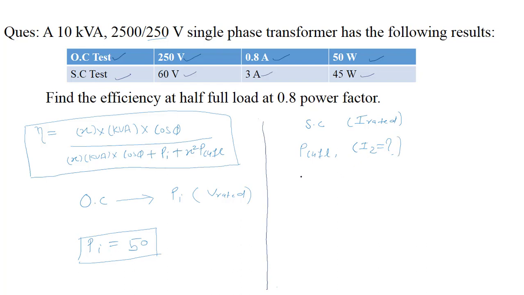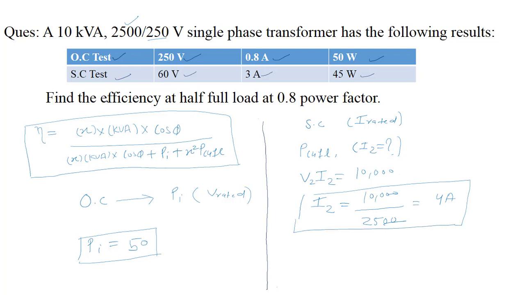We know that V2 I2 is equal to 10,000, so I2, that is the rated current, must be equal to 10,000 upon 2500, because the high voltage side voltage is given as 2500. So it will give 4 ampere, meaning the rated current must be equal to 4 ampere.